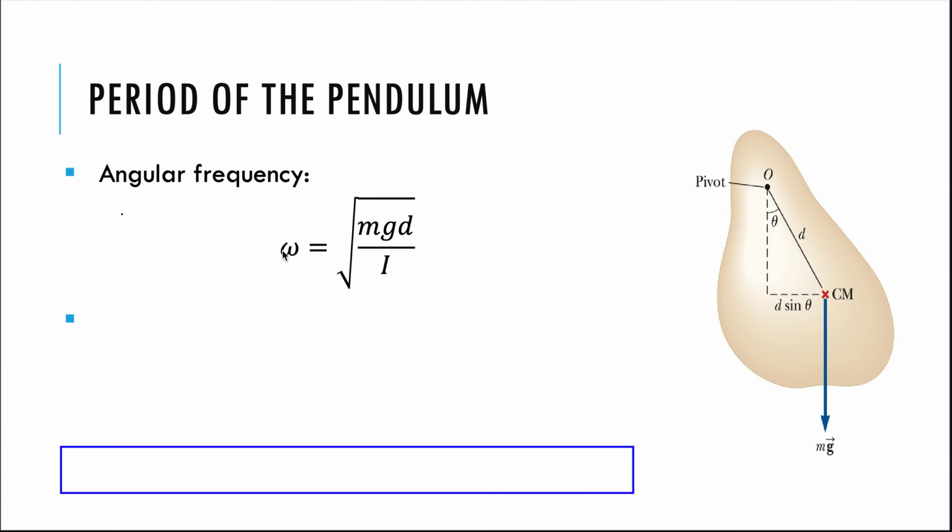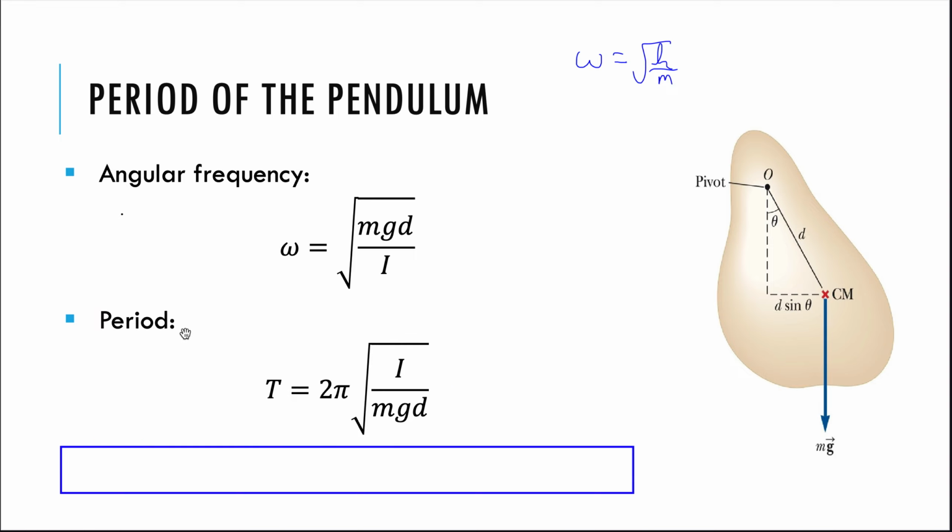From this definition that omega squared is mgd over I, we just take the square root, and now we have our definition for angular frequency, the same way we had omega equals the square root of k over m for a mass on a spring. From this definition, we can also calculate the period. Remember that omega is equal to 2 pi times the frequency, and the frequency is 1 over the period, so omega is 2 pi over the period.